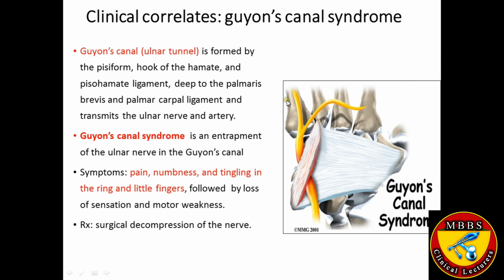Now what is Guyon Canal Syndrome? The Guyon Canal is the ulnar tunnel. It means a small passage or tunnel formed between the pisiform and the hook of the hamate, and the pisohamate ligament, which is deep to the palmaris brevis and palmar carpal ligament, and transmits the ulnar nerve and artery.